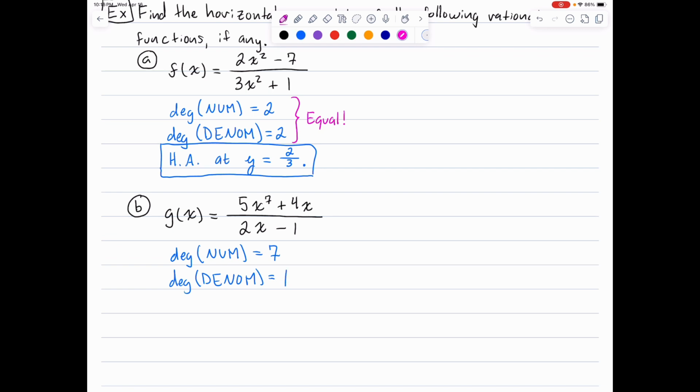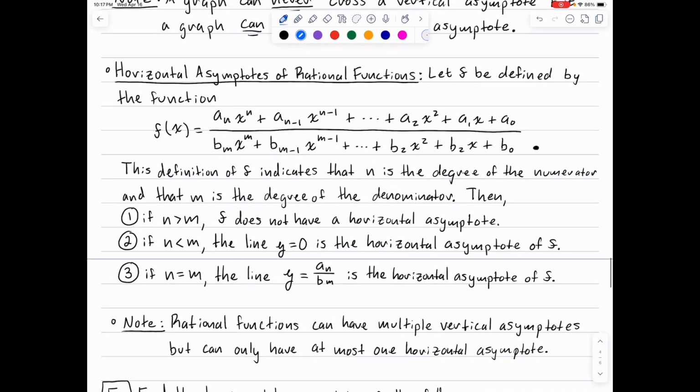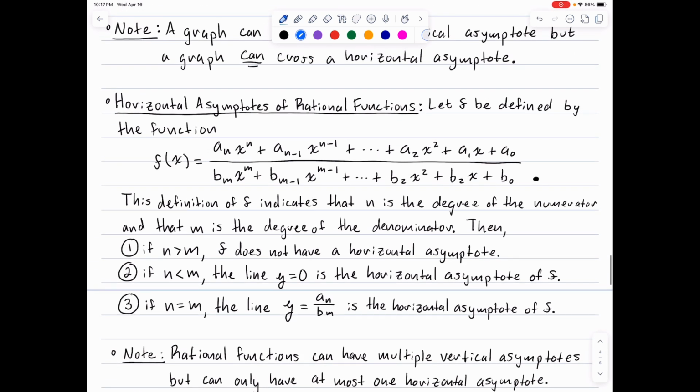So which one's larger, the numerator or the denominator? The numerator. So if the numerator is larger, let's go back to the horizontal asymptotes of rational functions and see what that means. Our numerator goes by n's, as in Nancy, and our denominator goes by m's, as in Molly.